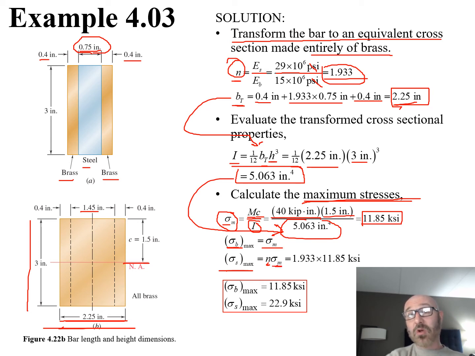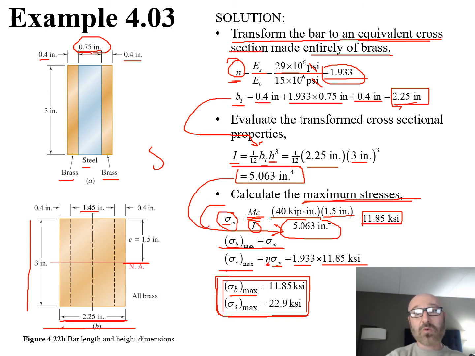So we multiply our 1.93 by that 11.85 KSI, and we find that the maximum stress for the steel is 2.29 KSI, and for the brass it's simply our sigma m of 11.85. So this is what they'd asked us to solve for in that problem, and this is how we go about doing that: finding our n value, applying it to get that equivalent cross-sectional area, then plugging into our general equation for maximum stress, and we get these values in the end for both the brass and the steel.